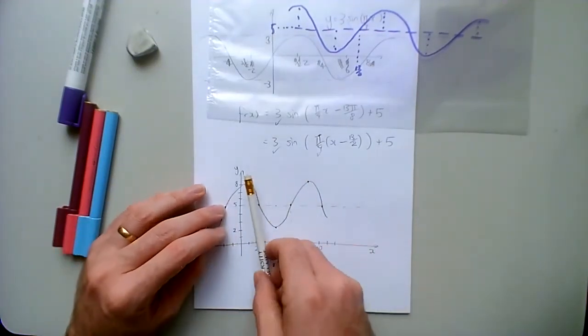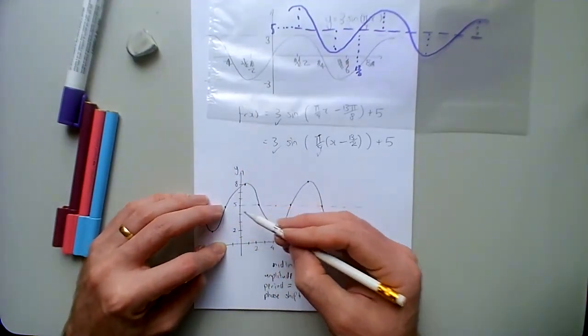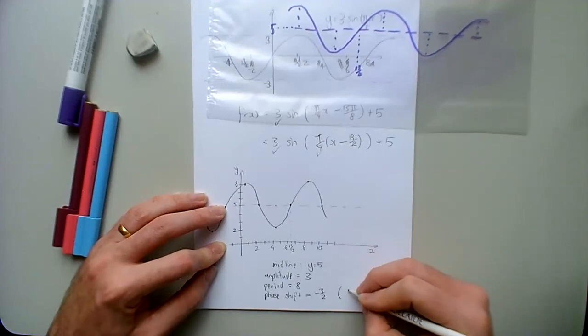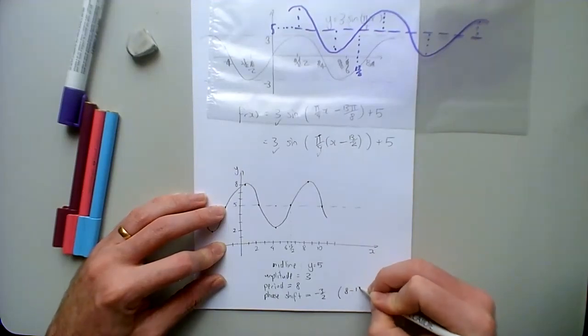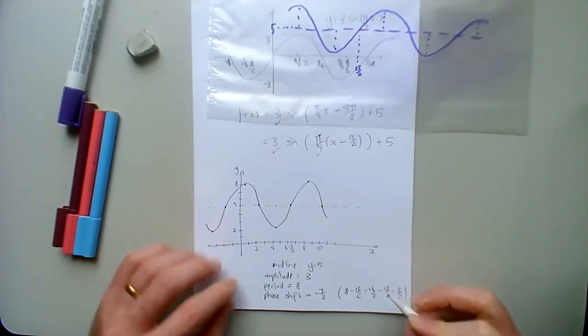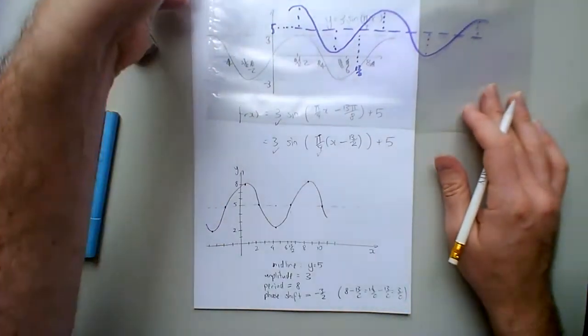So a shift forward of 13 on 2 would be the same as a shift backwards of 1.5 according to the graph. So -3 on 2. I'm just going to check that. 8 minus 13 on 2 would be 16 on 2 minus 13 on 2, which is 3 on 2. And it is a shift backwards, so it's a minus. Okay, I've managed to draw the graph.